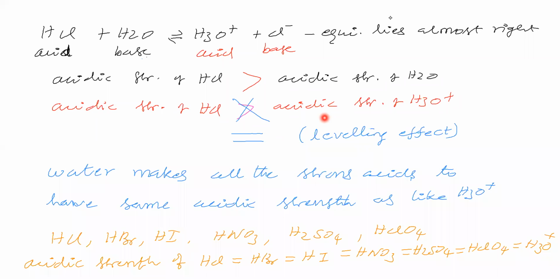Now, if the acidic strength of an acid is greater than that of water and equal to that of H3O plus, then that acid is called a strong acid. How to define a strong acid?